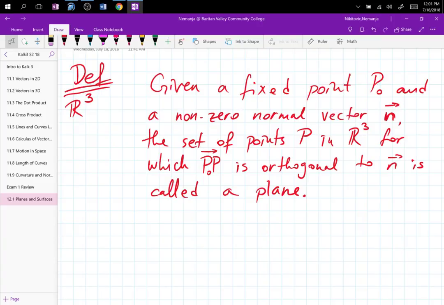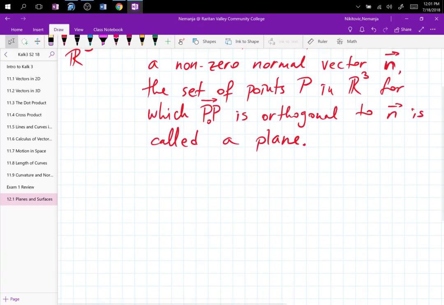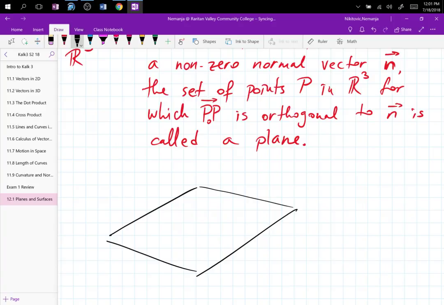Now, again, that's the definition. And the way we work with this is I'll draw a plane, and then I will place the point P0, and I will pick the arbitrary point P, whose coordinates are x, y, z, while the coordinates of P0 are x0, y0, and z0, and what's important about that point is the fixed point.